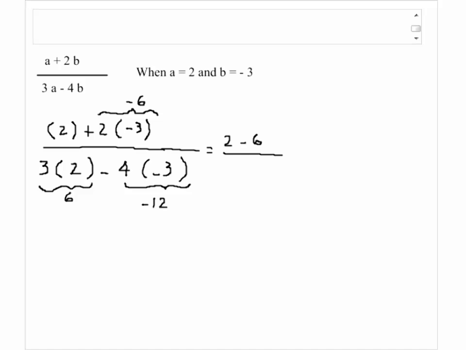So here I have 6 minus negative 12, which is the same as 6 plus 12. We change the subtraction to addition, and we write the opposite of negative 12, which is positive 12. So at the top of the fraction, I get minus 4. And at the bottom of the fraction, I would get 18. I have to reduce this, divide top and bottom of the fraction by 2. I get negative 2 over 9.